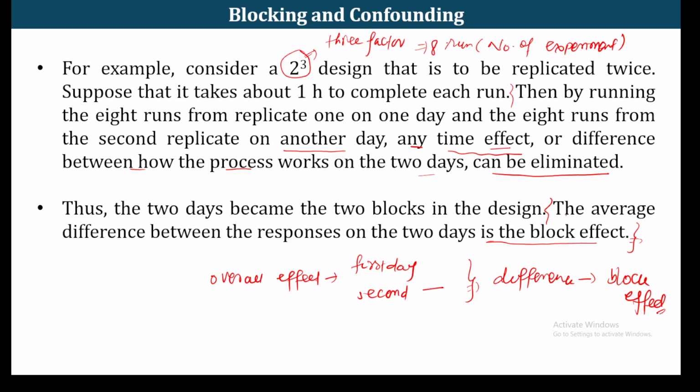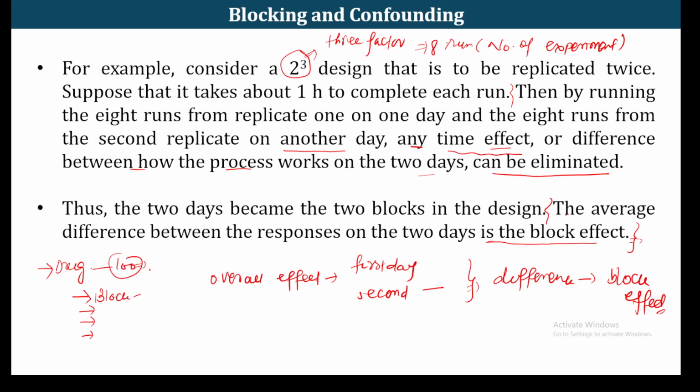Let's say I will take one example. Like we have a drug, we have to administer it to people, maybe of different age groups. So we have a different variety of that. We have 100 people.